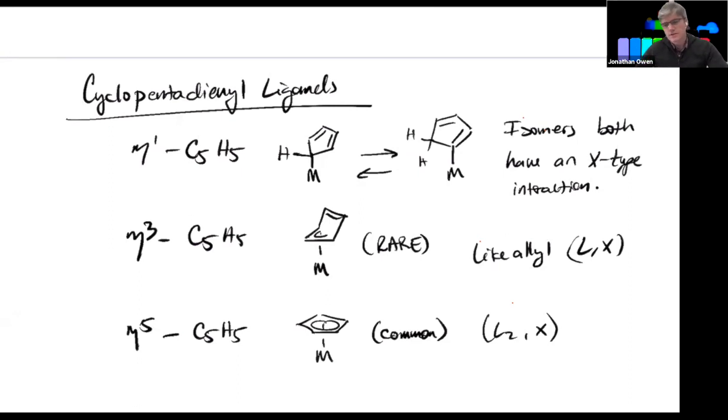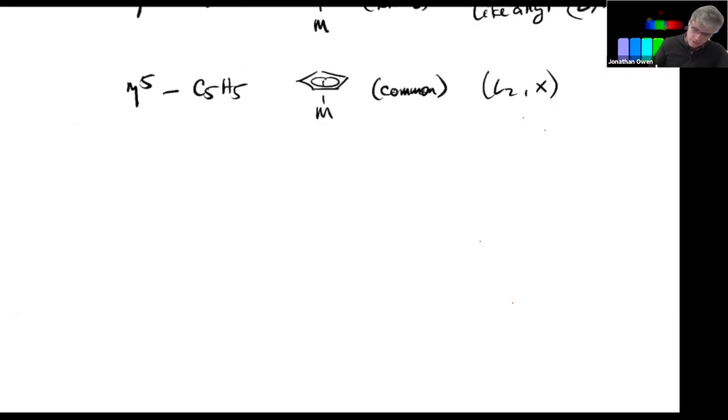So when you look at these kinds of fragments and the metal center, you can analyze the bonding and make a decision about the number of valence electrons that are being used to form the complex, okay? So we're going to use the LX formalism to do electron counting.